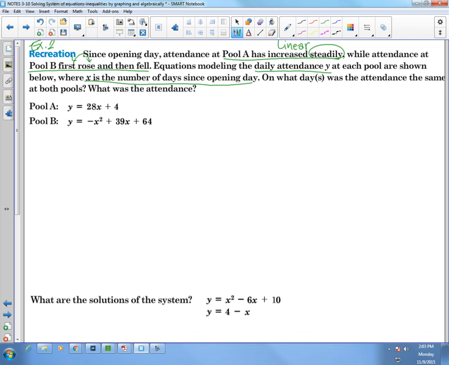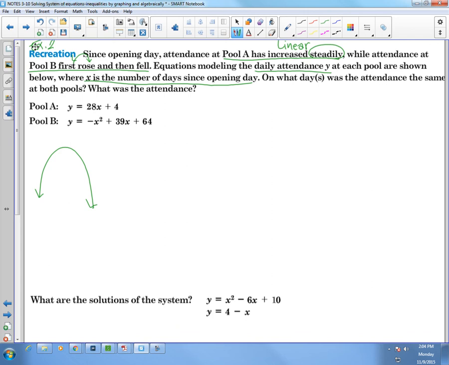On what days was the attendance the same at both pools? Okay, at what day is the attendance the same? That would mean both graphs, if the attendance is the same, what's happening to both graphs? They're intersecting. We know Pool B looks something like this.